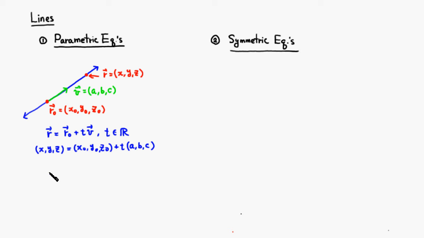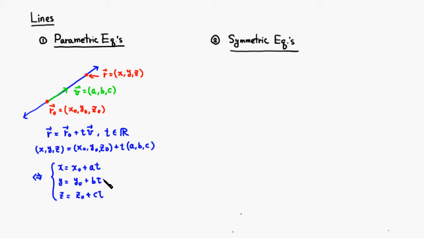If you split that into components, this is really the same thing as x equals x0 plus at, y equals y0 plus bt, and z equals z0 plus ct.